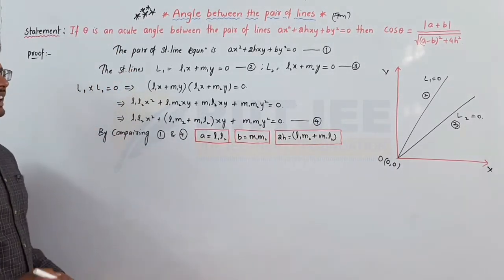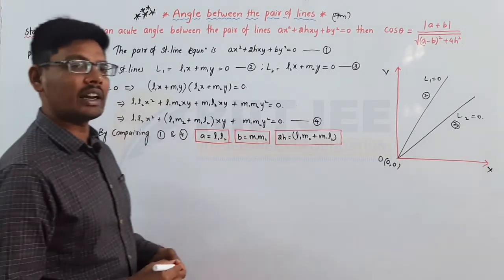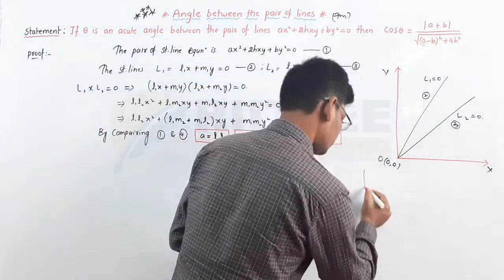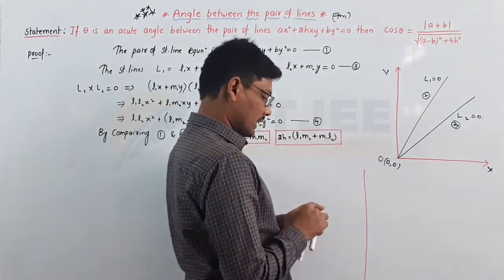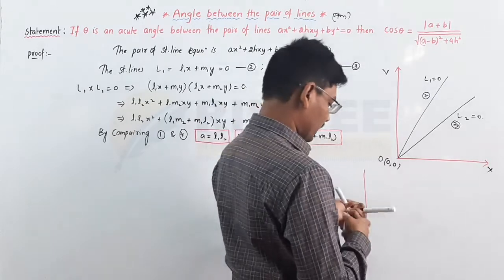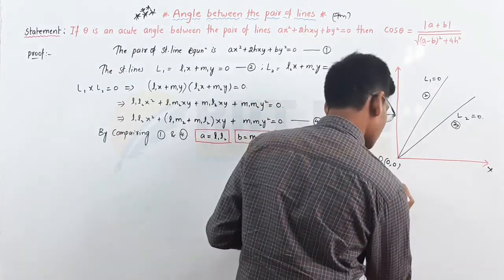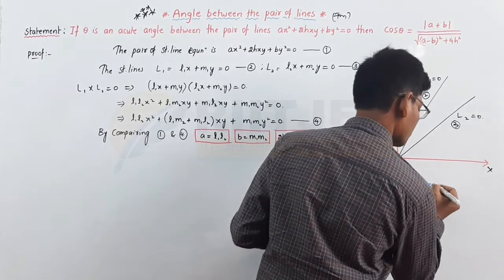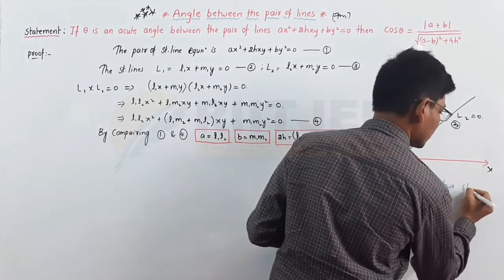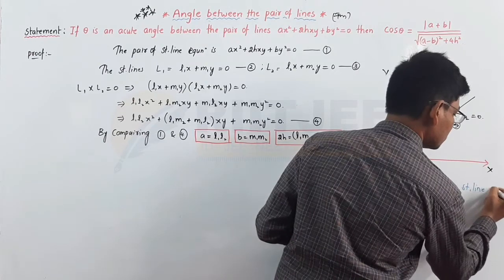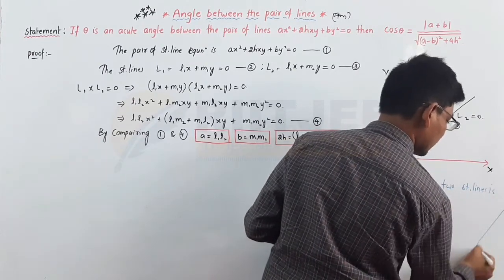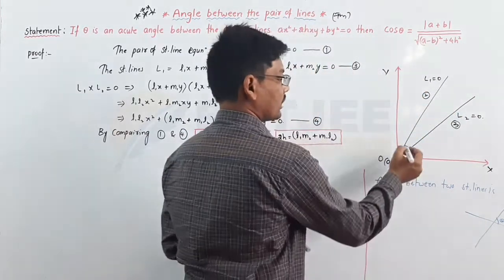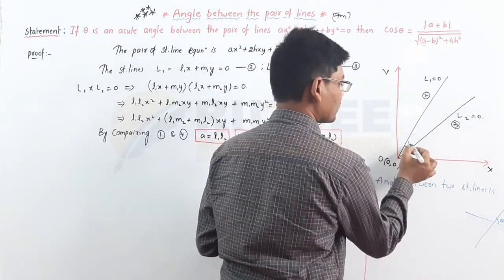After getting a, b, h values, generally from the straight line chapter, the angle between two straight lines is theta, as in this figure. Here also the angle between these two lines is theta.